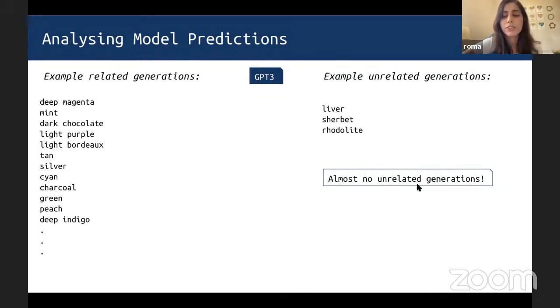It's also worth noting that there are almost no unrelated generations for the GPT-3 model, which is quite surprising, given that we only give them a small number of samples in few shot training. And that explains the vast difference in performance of this model versus the other models, which is quite interesting to see.